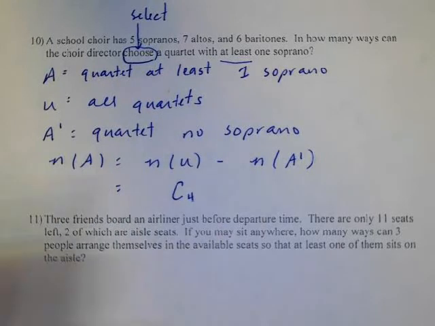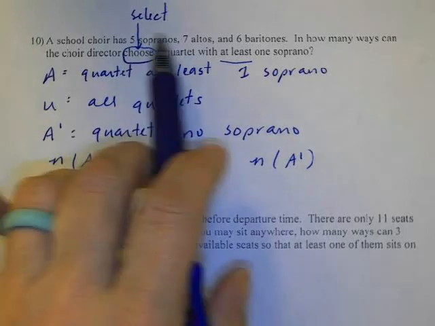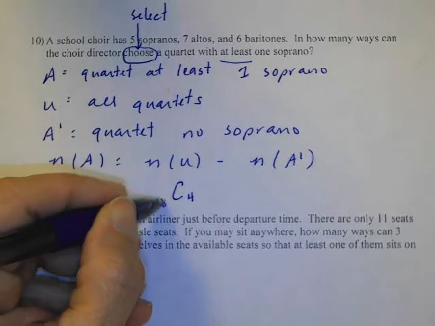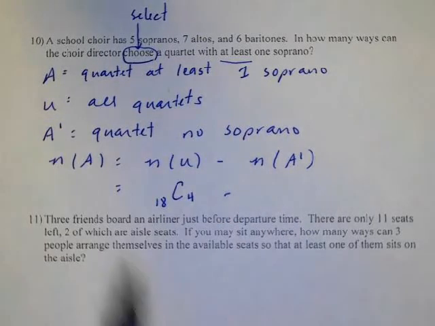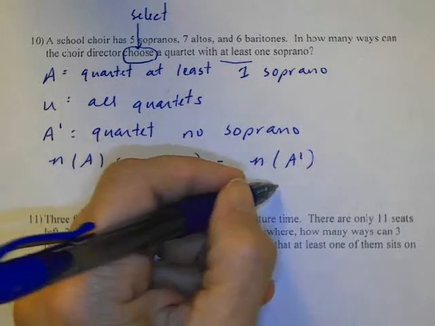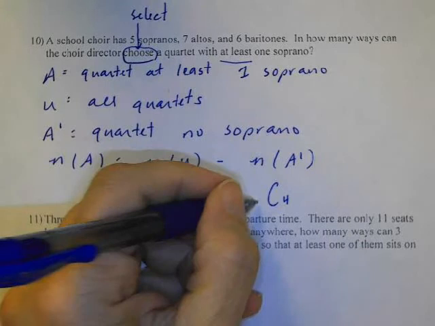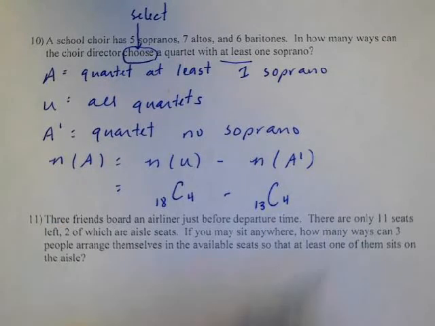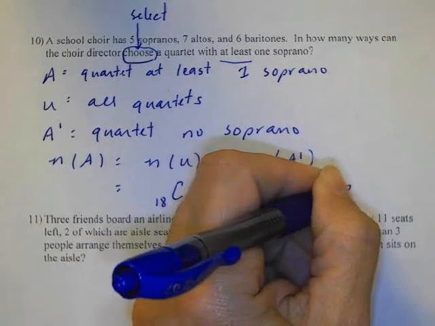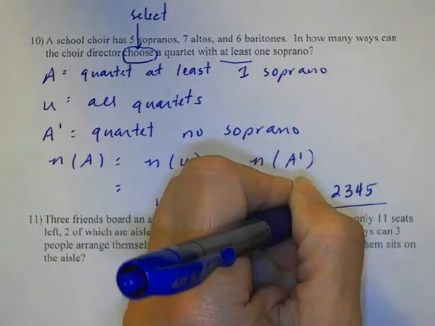Now U is all quartets, all singers in the choir could be chosen from. So we add 5, 7, and 6, and we get 18 people in the choir. Now A prime says a quartet, so I still need 4, but I cannot look at the sopranos. So I'm going to take out the 5 sopranos, and I'm going to look at the other 13 singers. I'm going to punch these in with my calculator and subtract. I get 2,345.